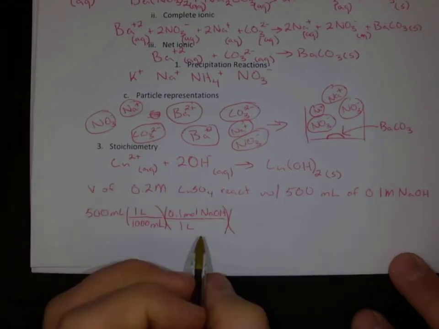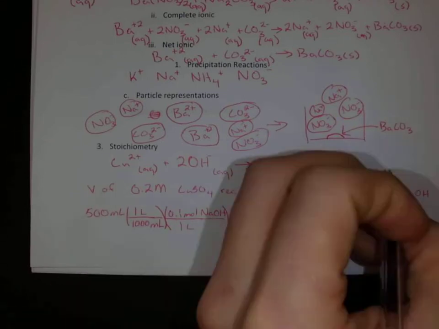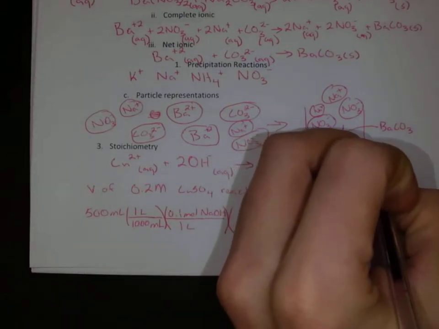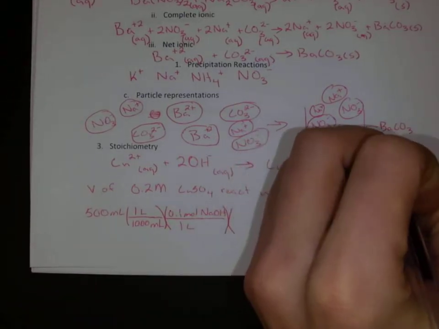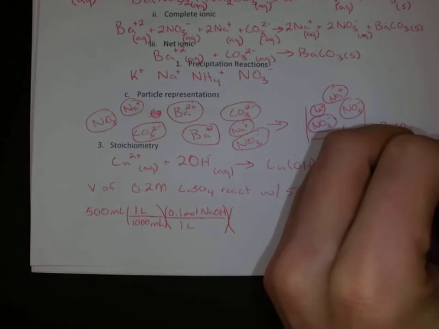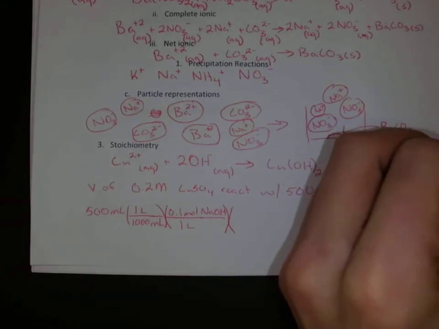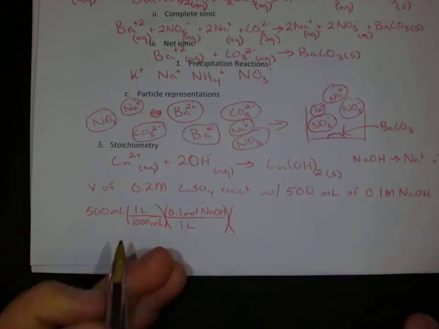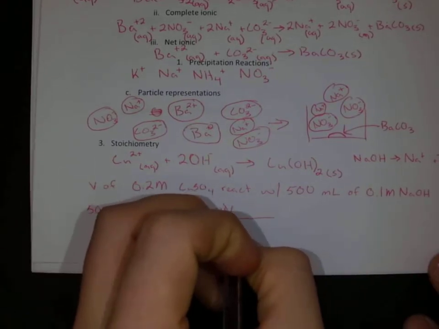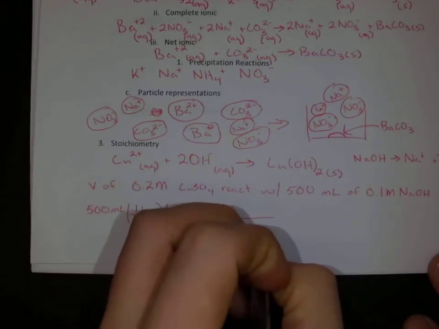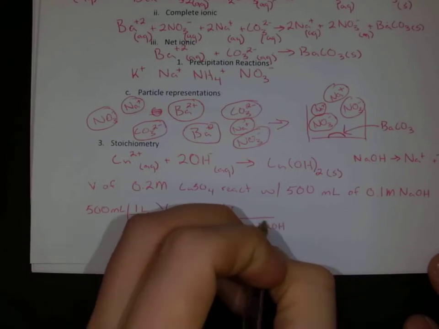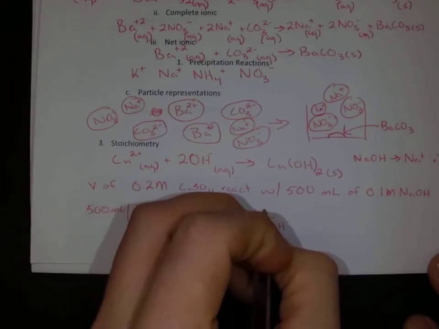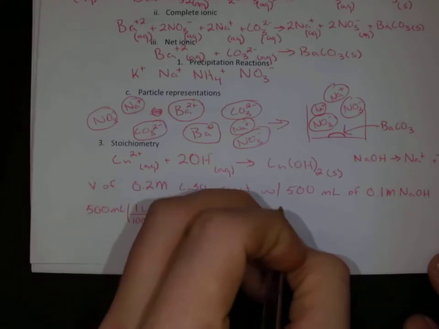But in my equation, NaOH splits up. I can draw this. NaOH splits up to Na+ and OH-. So my stoichiometric relationship is 1 to 1. I have 1 mole of NaOH to 1 mole of OH-. Okay?